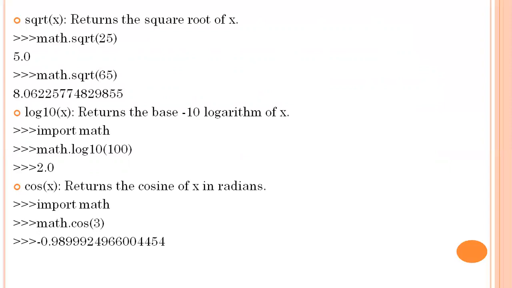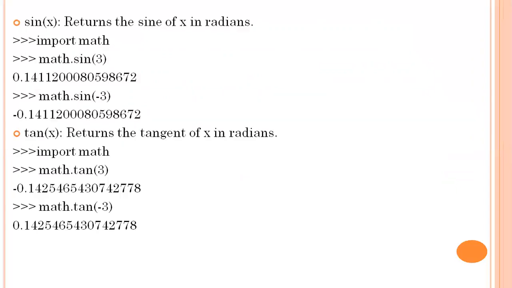For example, import math; math.cos(3) will give you the value -0.98999249660044554. sin(x) returns the sine of x in radians. Similarly, tan(x) returns the tangent of x in radians.